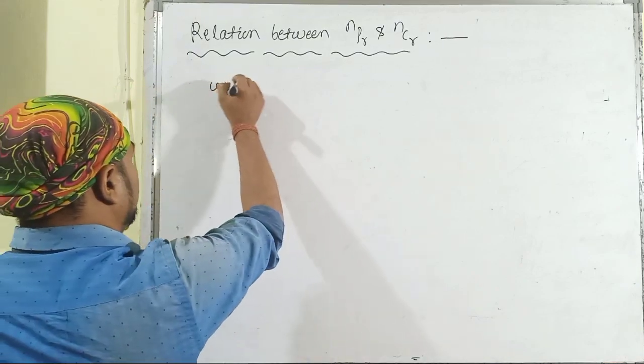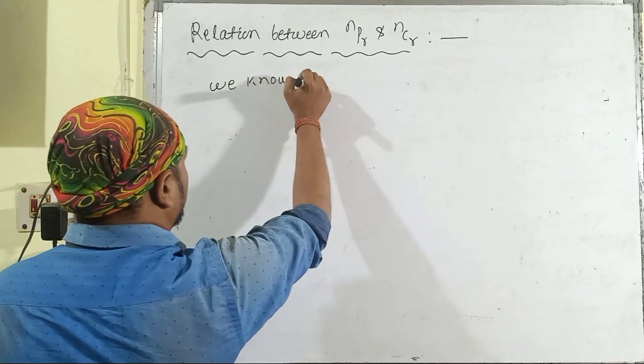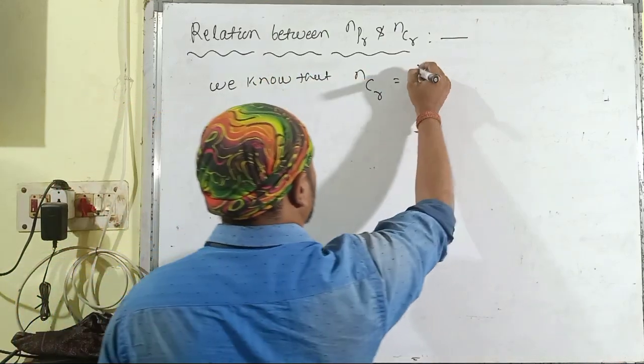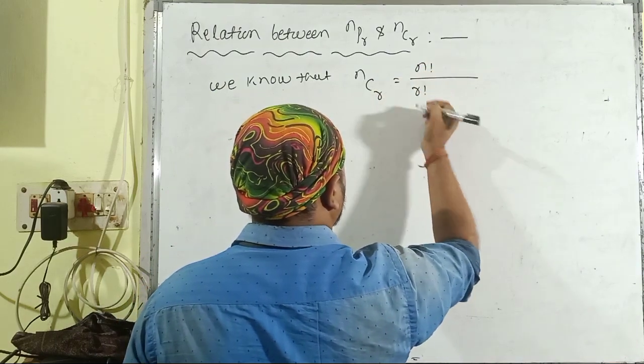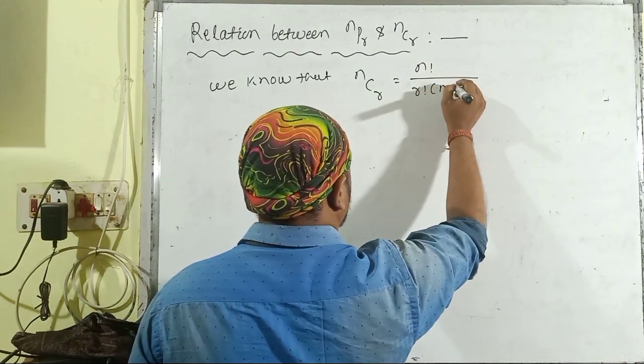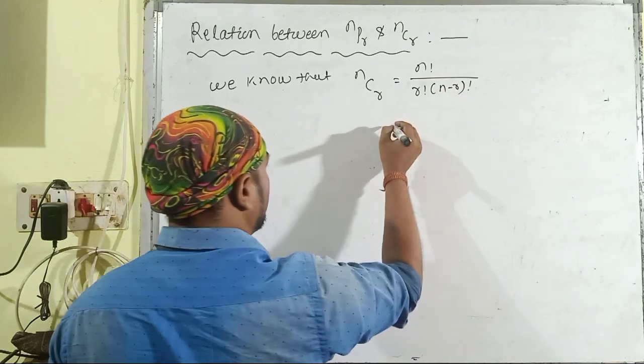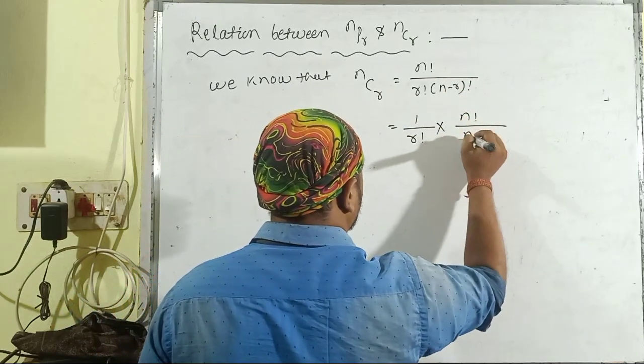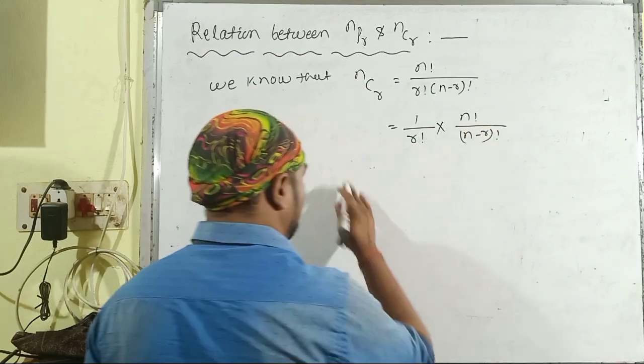So we know that NCR is equal to n factorial divided by the multiplication of r factorial with factorial of n minus r. Then it is 1 upon r factorial multiplied with n factorial divided by factorial of n minus r.